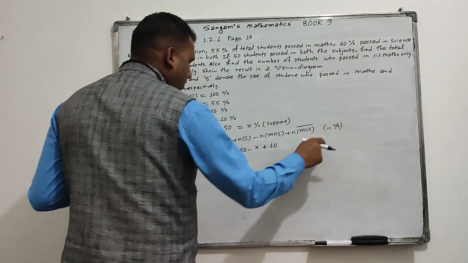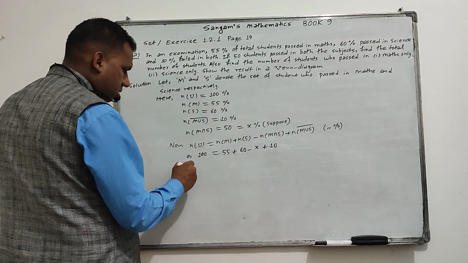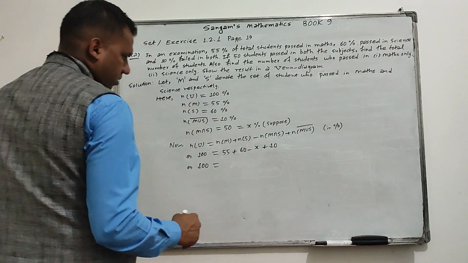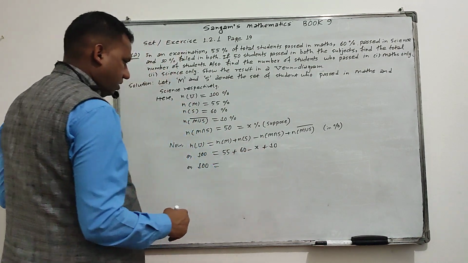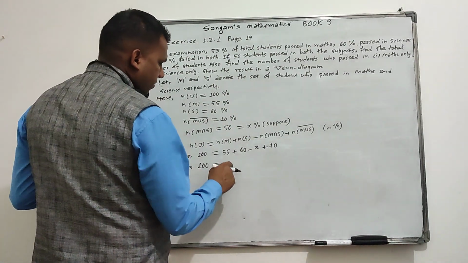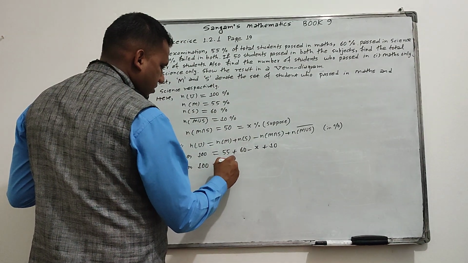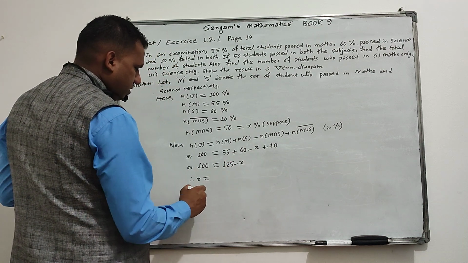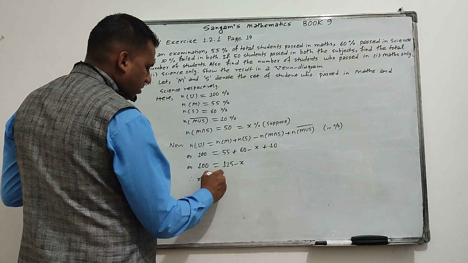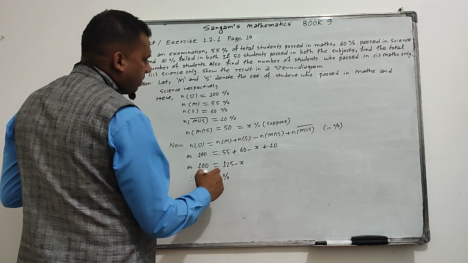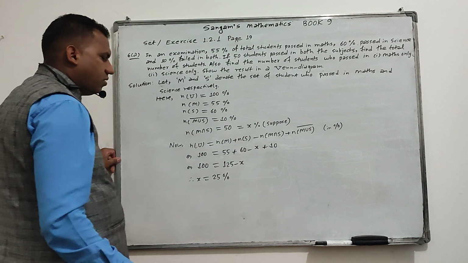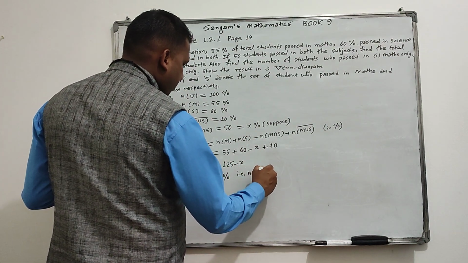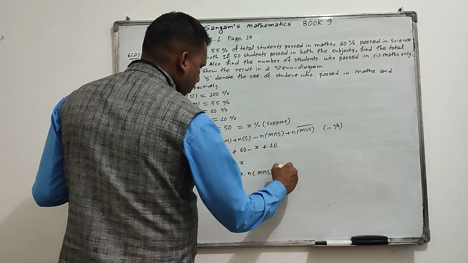Or 100 equals 60 plus 10, 70 plus 55, 125 minus X. Therefore X equals 25%, that is the number of M intersection S, 25%.